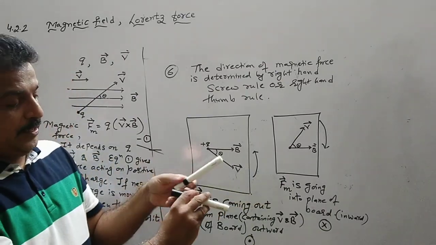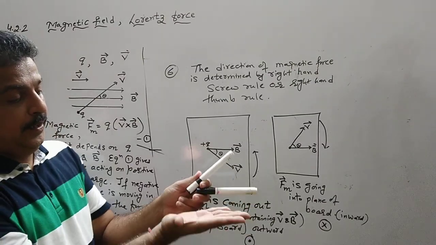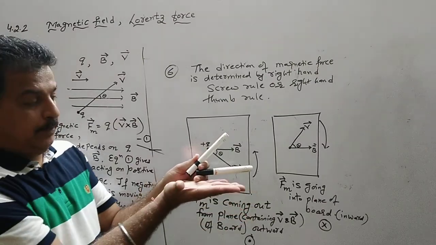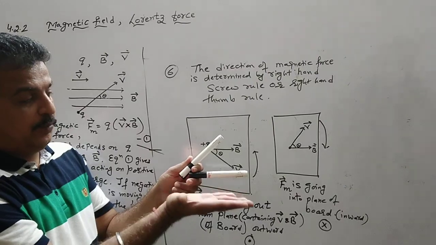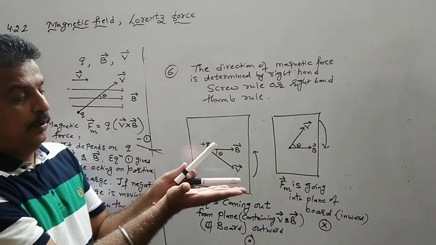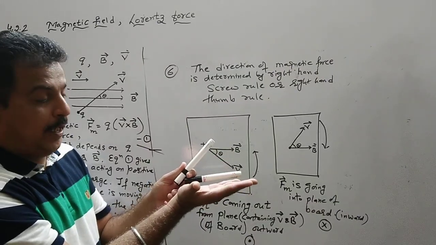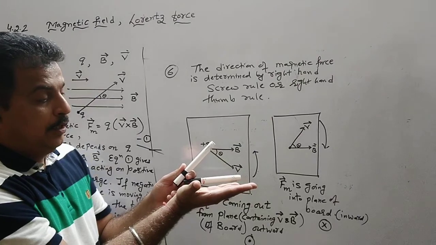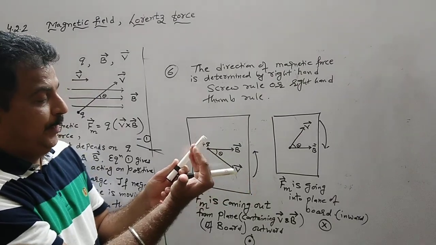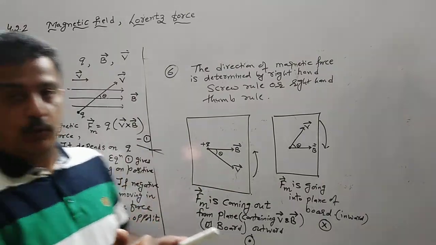Again, in the other diagram, I keep my palm at this point, perpendicular to that plane, and I move from V to B. If I curl my fingers from V to B, the thumb comes outward. So that is the right hand thumb rule.